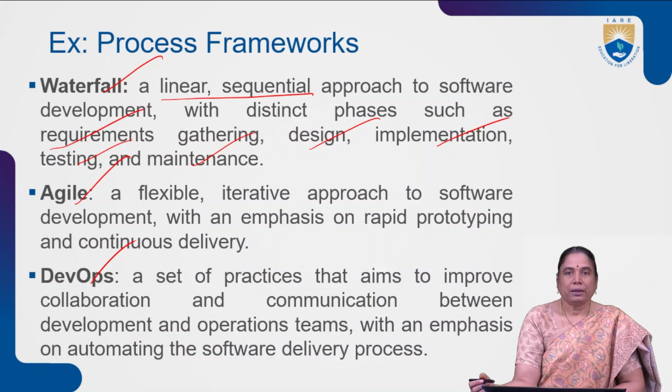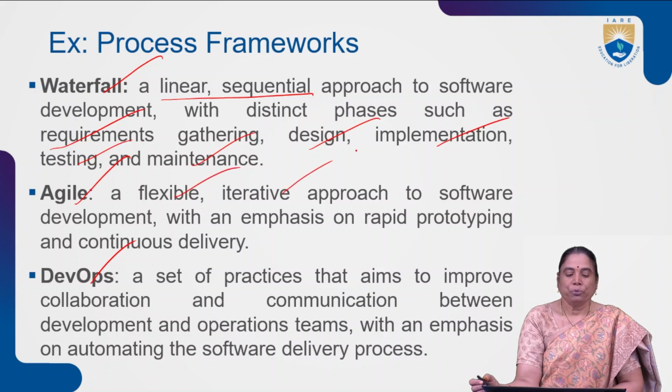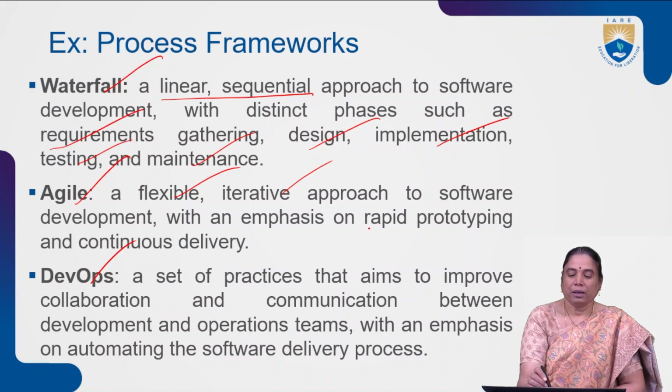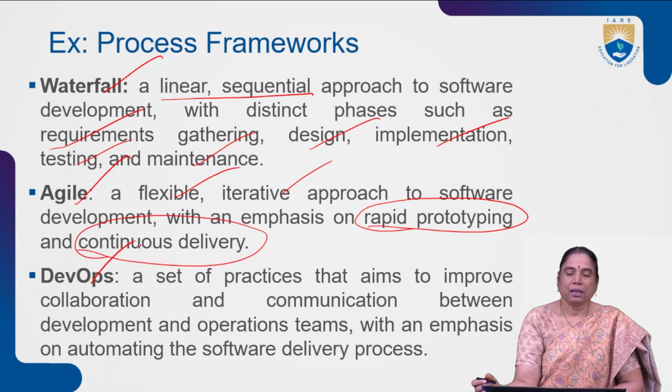The advanced or enhanced waterfall model is the Agile framework, which is a flexible, iterative approach to software development, with an emphasis on rapid prototyping and continuous delivery as the major focus.